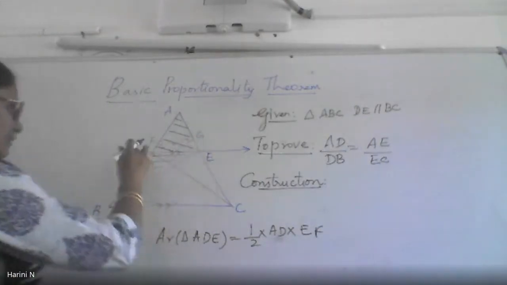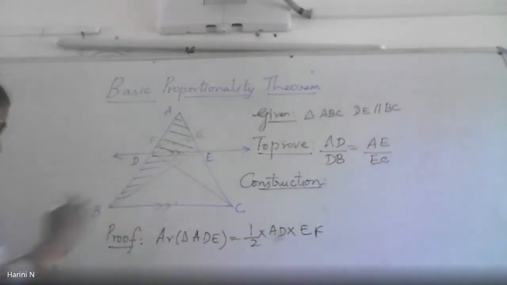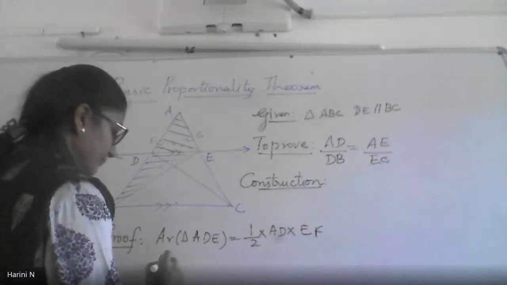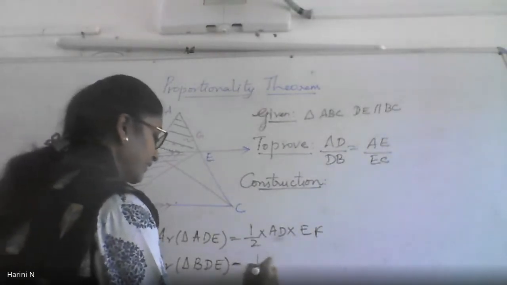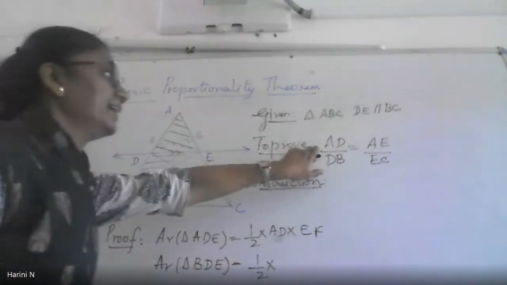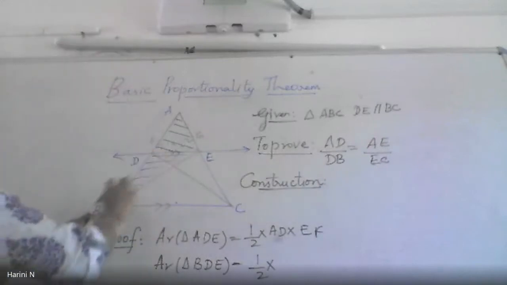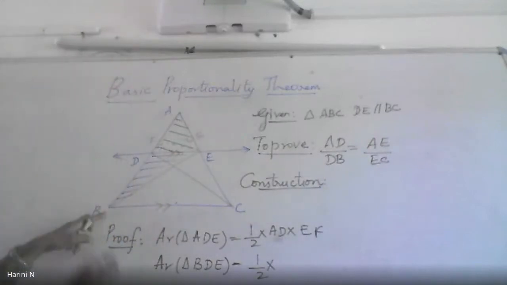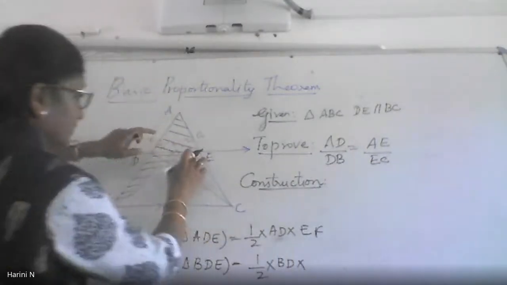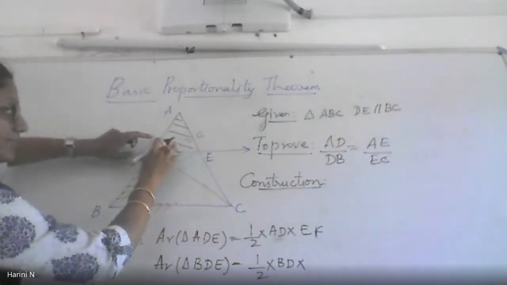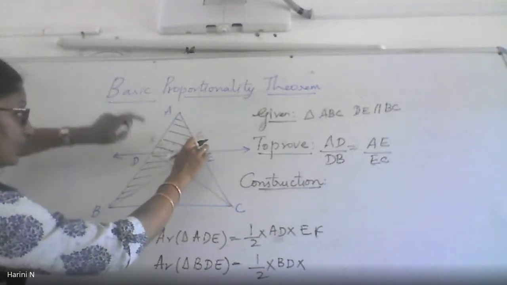This is the second triangle, BDE. Again, the area of triangle BDE. Why am I talking about these two triangles specifically? Because that is where I have the AD and BD. BD is a part of this blue triangle. So if I take its area, it will be half into BD into again EF.